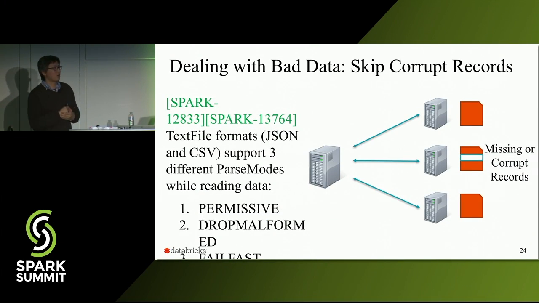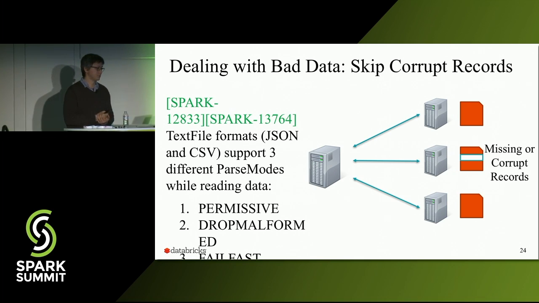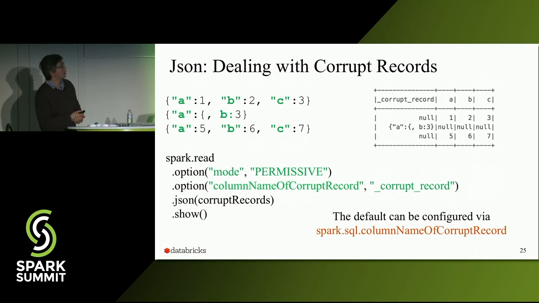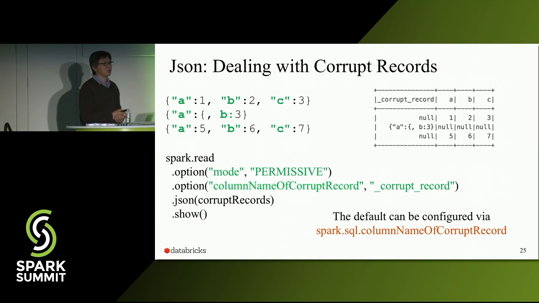For the corrupted records, we provide 3 different modes: permissive, drop malformed, fail fast. Let's see how to use it. You can see the second record is corrupted.